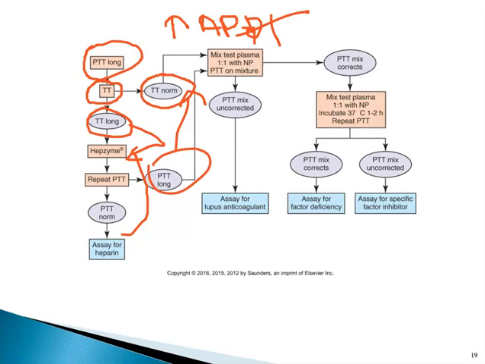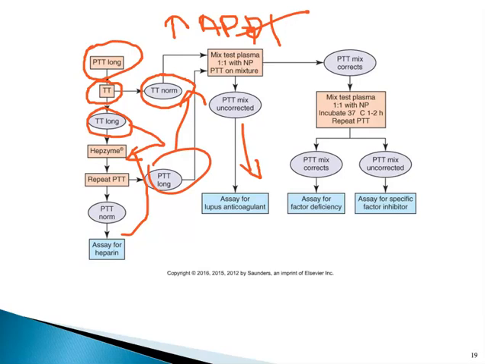If the APTT is uncorrected immediately, then we go ahead and run for lupus anticoagulant, because we can suspect that there's a lupus anticoagulant that's acting immediately, since it is very typical for lupus anticoagulants to inhibit right away because they are phospholipid complexes. They are anti-phospholipid antibodies that like to attach to those phospholipid protein complexes that are being created during the testing.